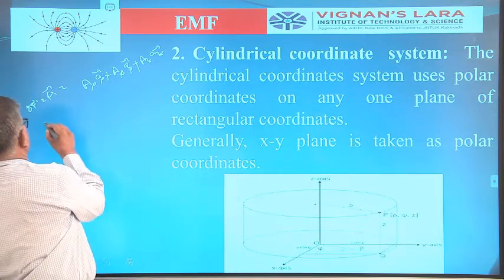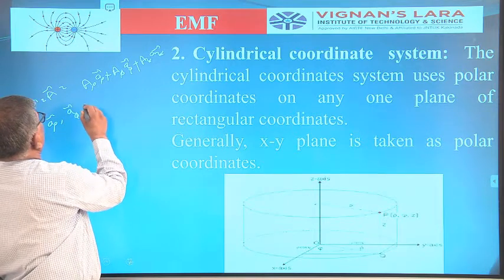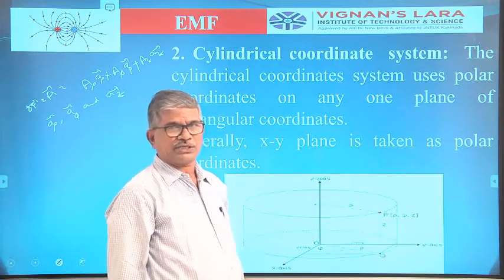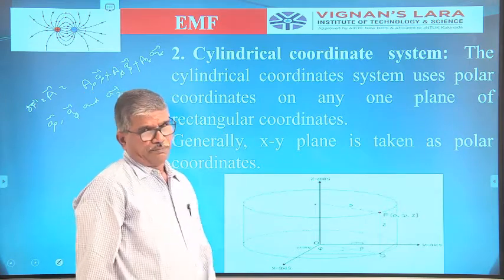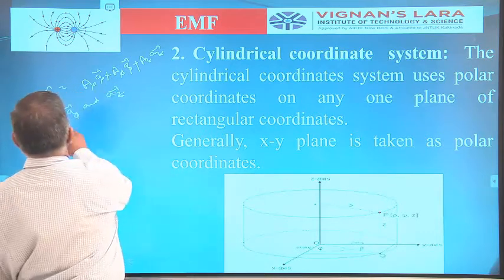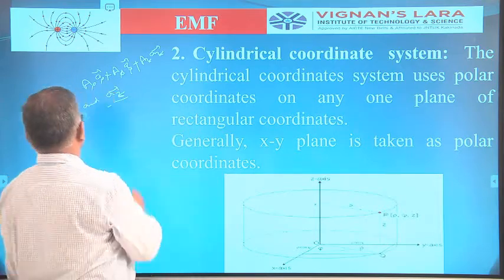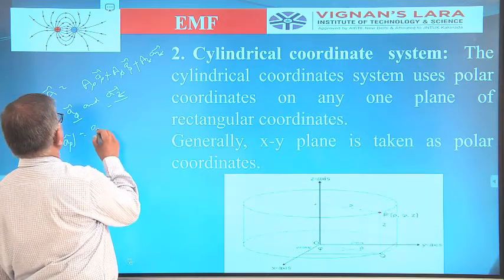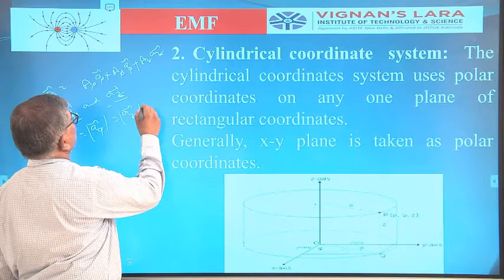So here A rho bar, A phi bar and Az bar are the unit vectors along the radial direction, phi direction and z direction. So the magnitude of A rho equal to the magnitude of A phi equal to the magnitude of Az equal to 1.